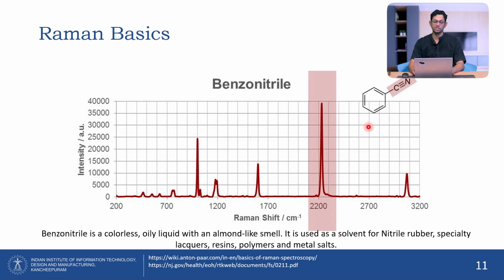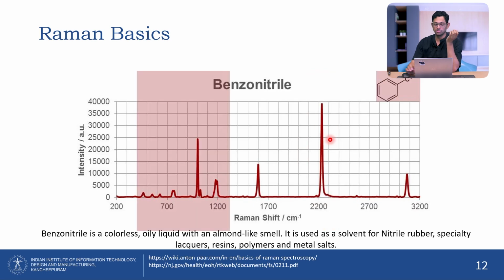So here you can see now is a Raman spectra of a liquid known as benzonitrile. It is a colorless liquid, but it also has a specific Raman spectra. Now each peak of the Raman spectra signifies some bond or a particular composition. For example, this peak at around 2210 signifies a triple bond between carbon and nitrogen.